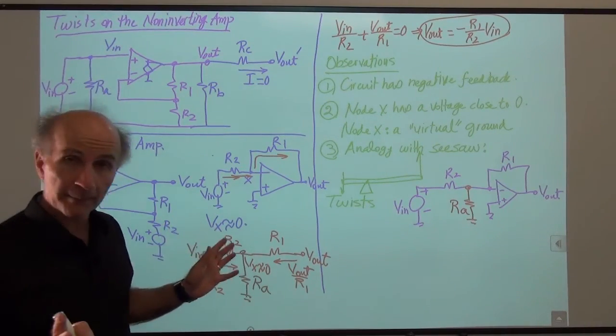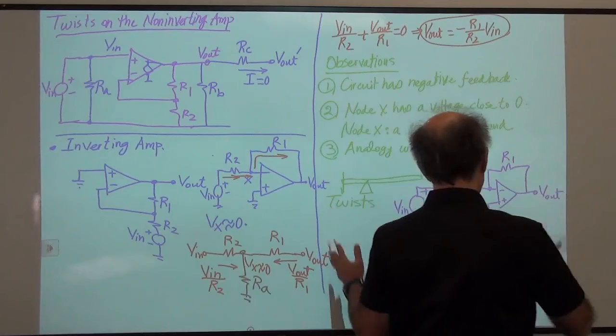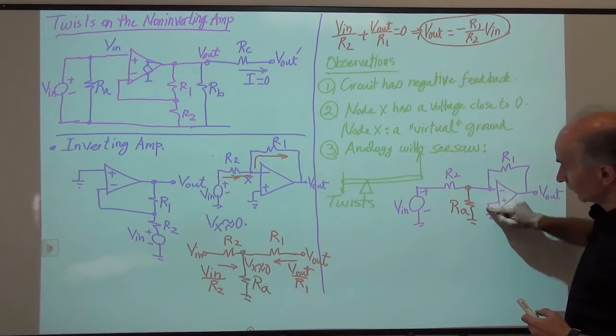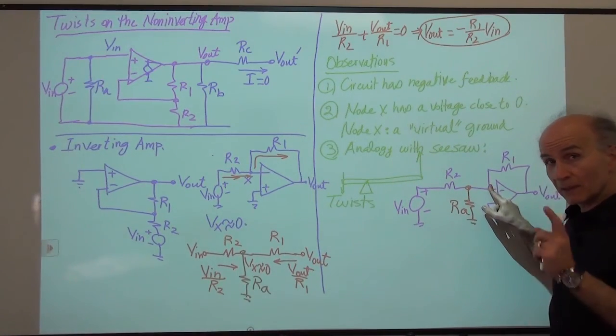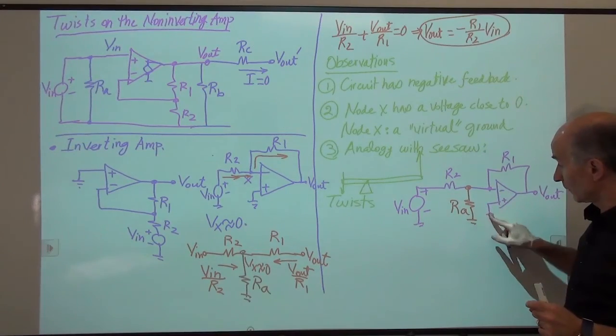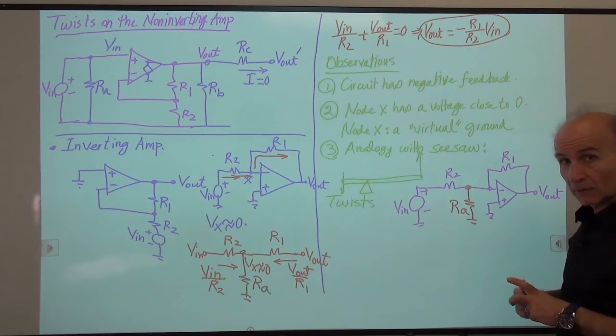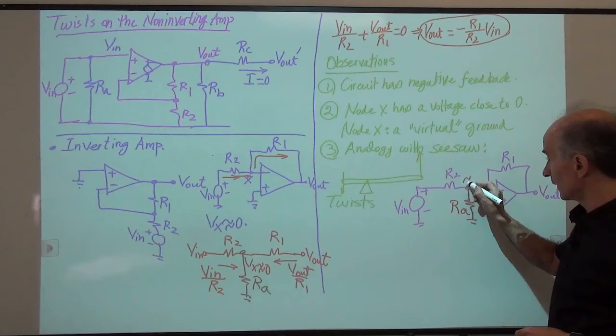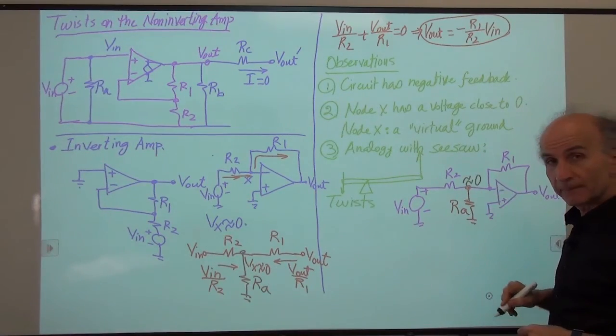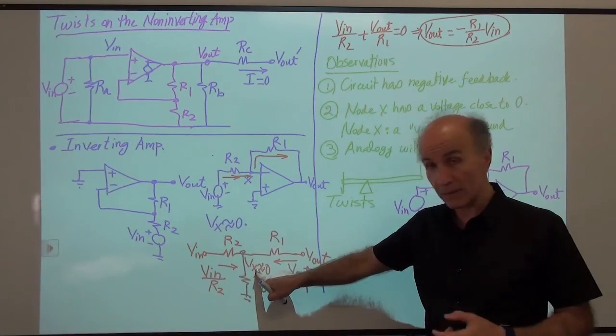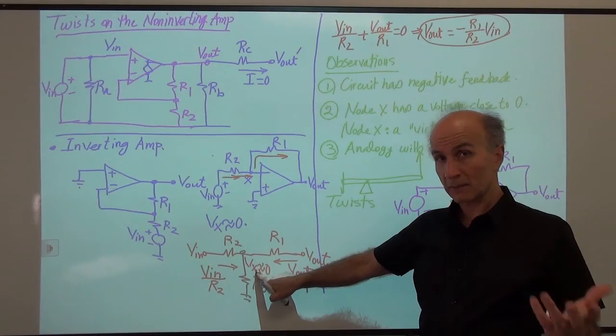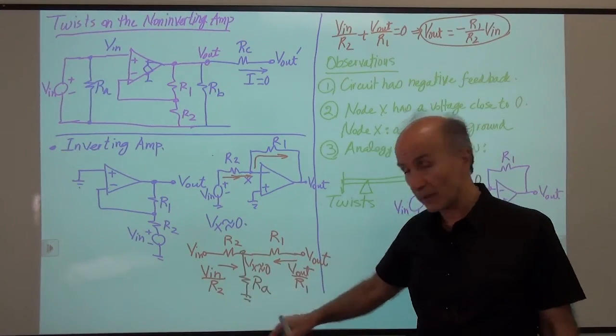All right, well, the op-amp says, regardless of what's happening in the circuit, I want these two voltages to be close to each other. This is still a virtual ground. So if this voltage is 0, this voltage is still close to 0. So that means that Vx here is still close to 0. If Vx is close to 0, how much is the current through RA?